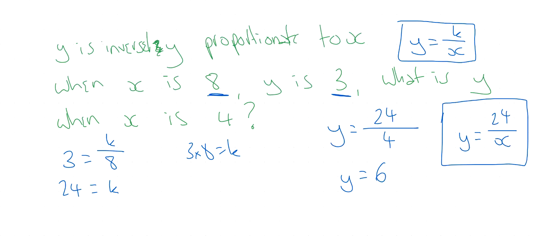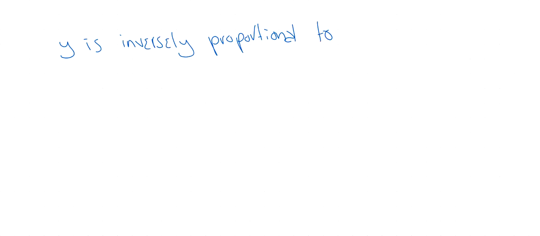Now let's look at something that's kind of weird. And this really requires you to be able to interpret the words. If I say y is inversely proportional to x squared, what is x when, oh, hang on, I need more information than that.